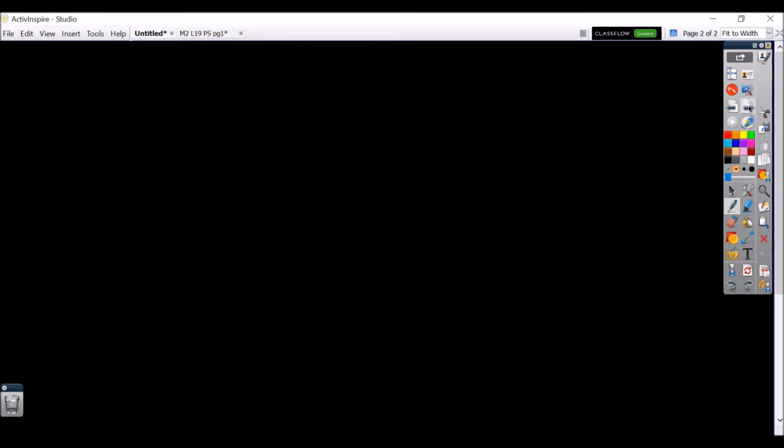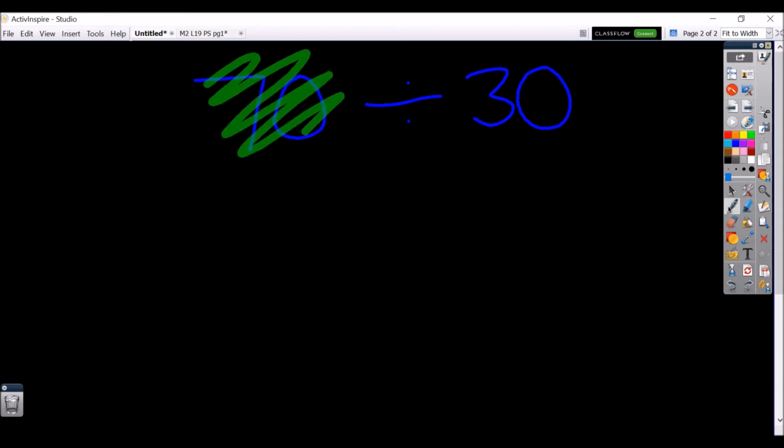So let's just think about this expression, 70 divided by 30. Remember, our first number is our dividend, and then our second number is our divisor.